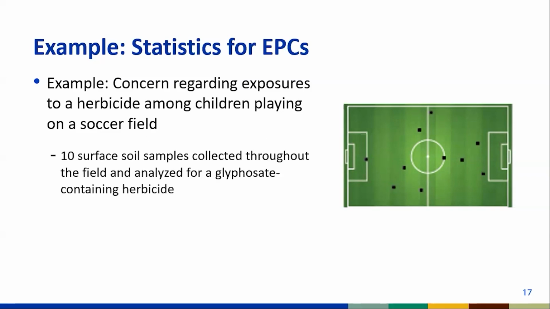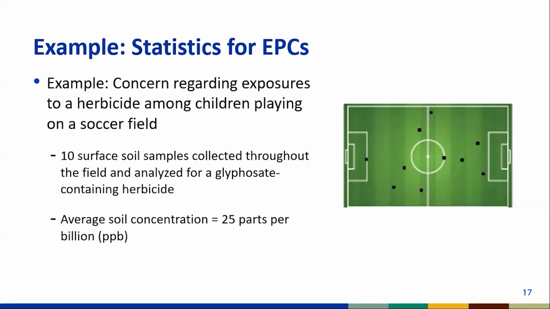In this example, let's pretend that 10 surface soil samples were collected at random locations across the field and analyzed for a glyphosate-containing herbicide. Based on laboratory results, you have determined that the average concentration from those samples is 25 parts per billion, or ppb.